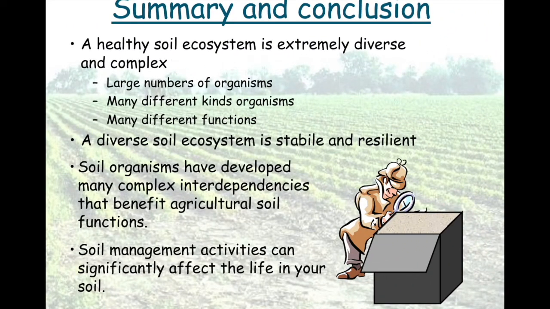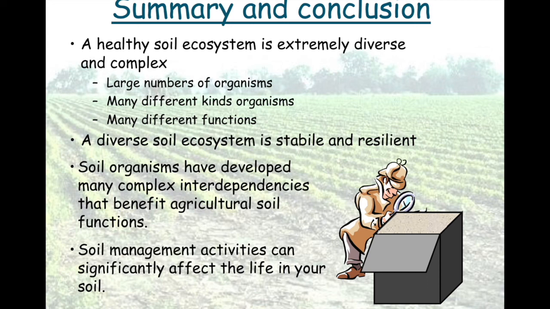So to summarize, I would like to call out that a healthy soil ecosystem is extremely diverse and complex. Of course, it includes these microscopic organisms, really different kinds of organisms, and of course, they have different functions.